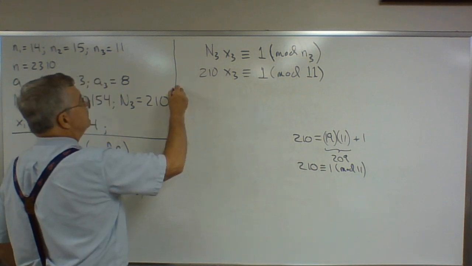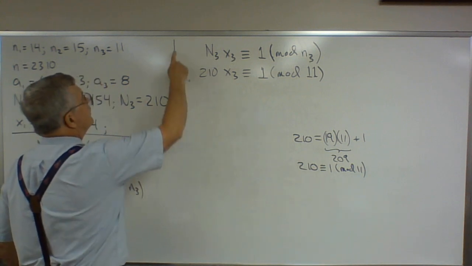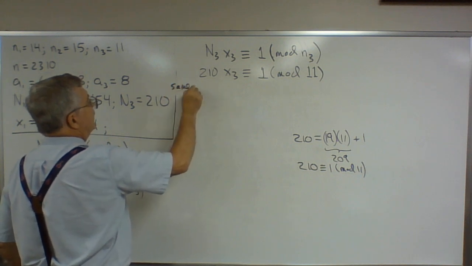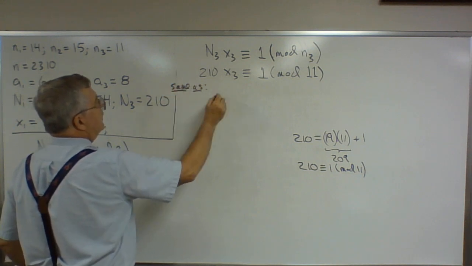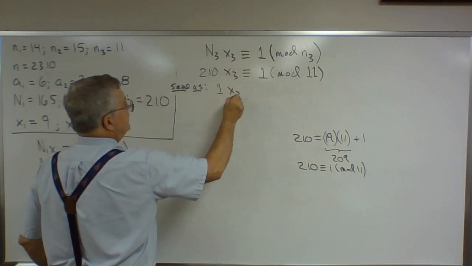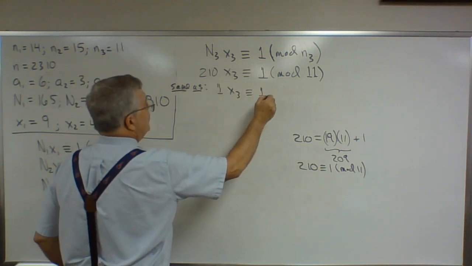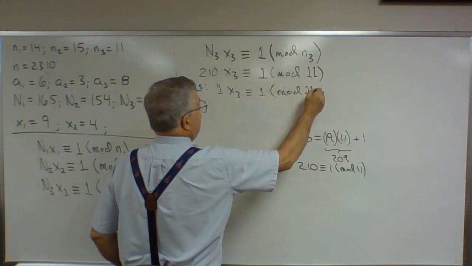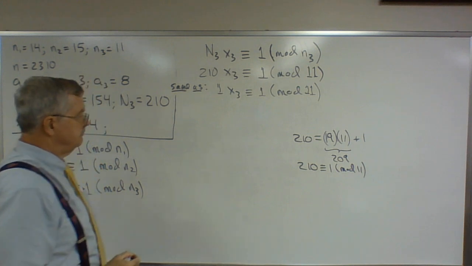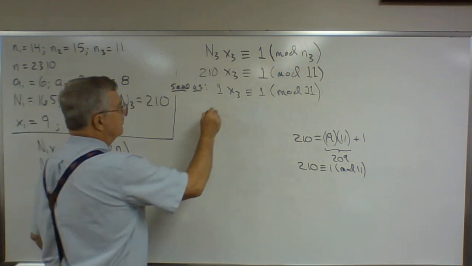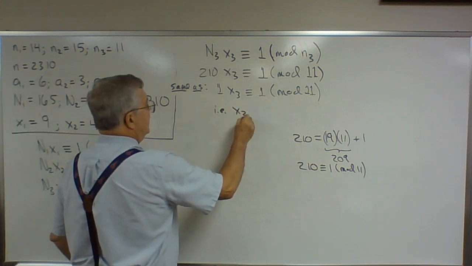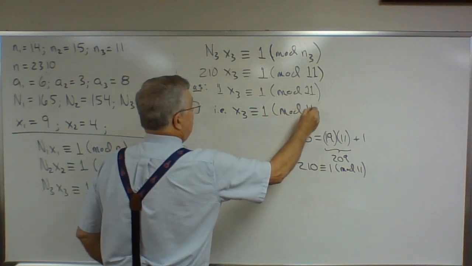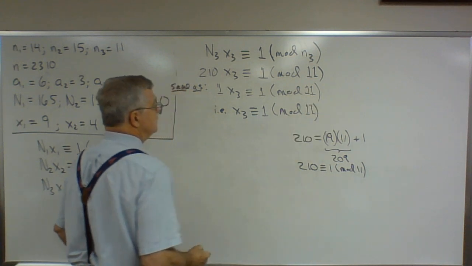This becomes 1 x3 congruent to 1 mod 11. x3 is congruent to 1 mod 11.